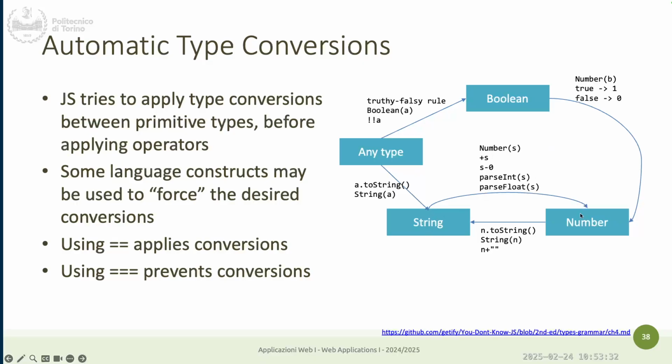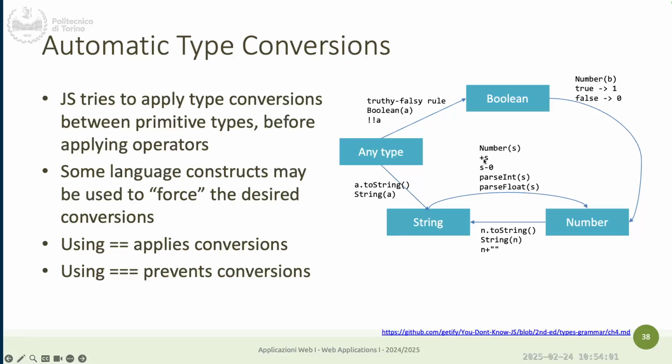So if you have a number and you want to convert it to a string, you can call the toString method, you can call the String constructor function, next week for constructor function. You can just take it and concatenate it with the empty string, and it will trigger a conversion itself. And if you have a string and you want a number, you can call the Number constructor, or you can just use plus.